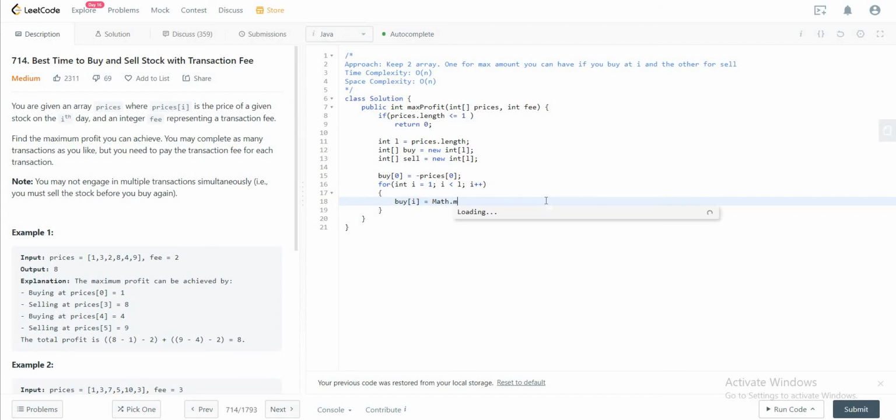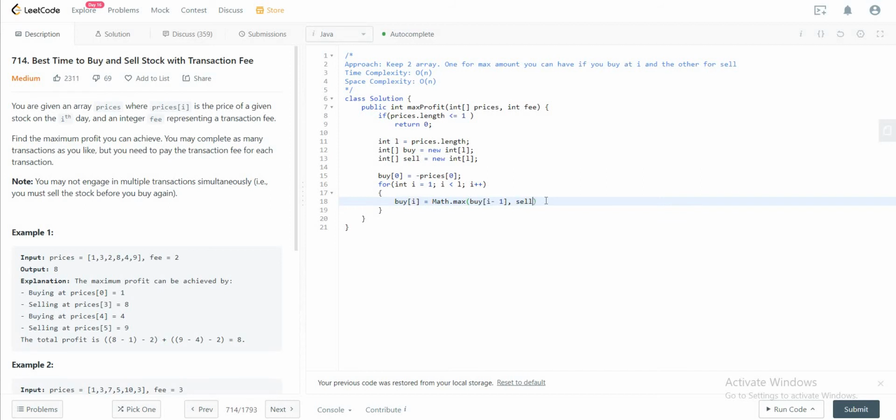Does it make sense for me to not buy and just look at the previous value that I have? Or does it make sense for me, having sold previously, to buy now?